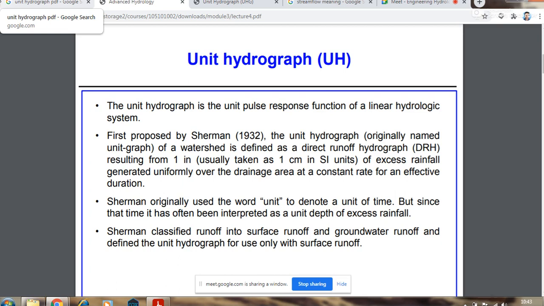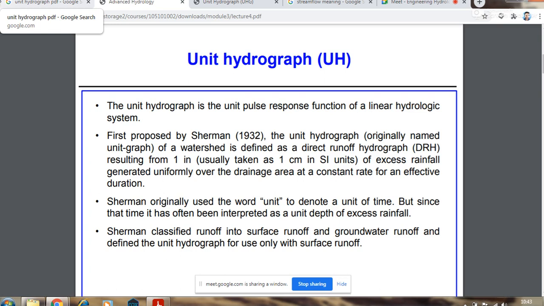Let us finish this definition first. It is the direct runoff hydrograph resulting from 1 inch of excess rainfall generated uniformly over the drainage area at a constant rate for an effective duration.